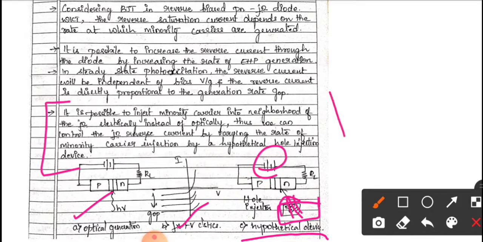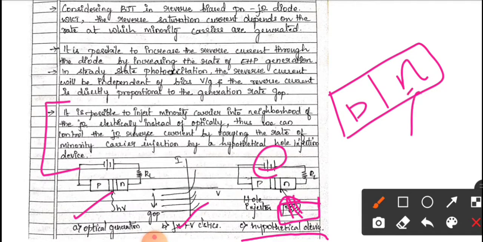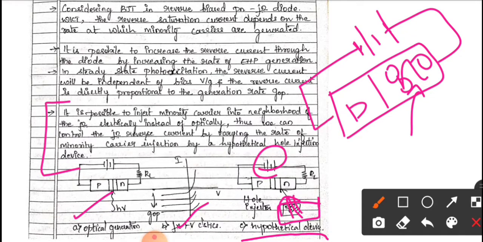Here, if we are injecting holes into the N region, which are the minority charge carriers, with the reverse bias, N connected to positive and P connected to negative, these holes will be swept towards the P region by the electric field in the depletion region, thereby constituting a current in the N to P direction.